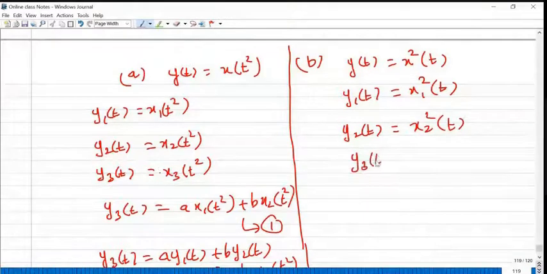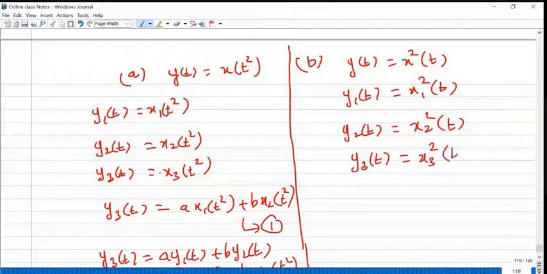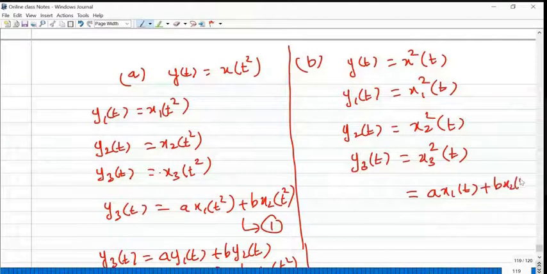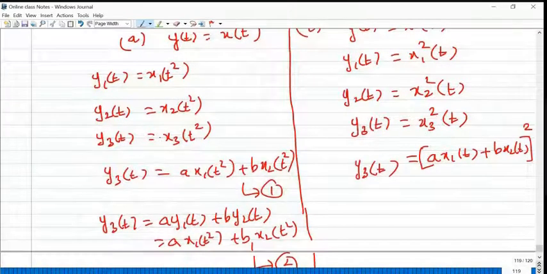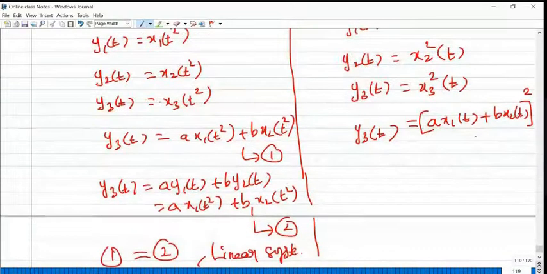Y3 of t equal to x3 square of t. Now x3 is replaced by a x1 of t plus b x2 of t, and then you have to take the square. This is equation number 1.